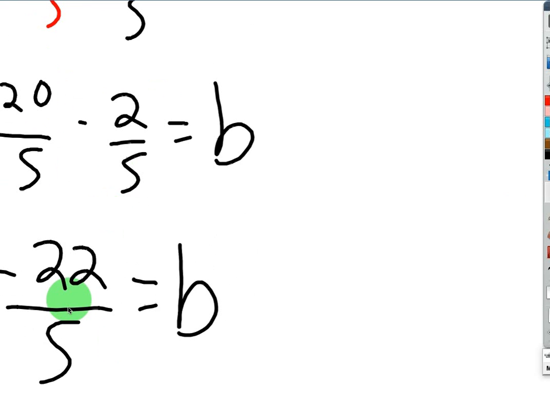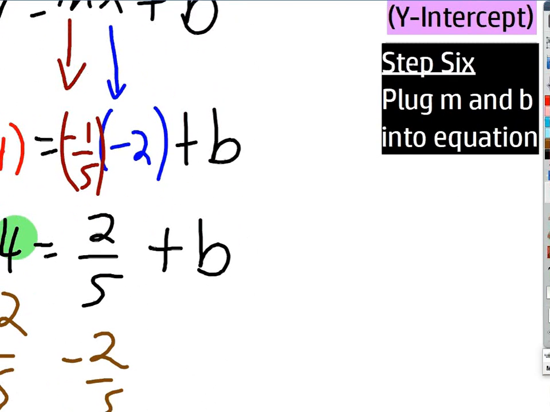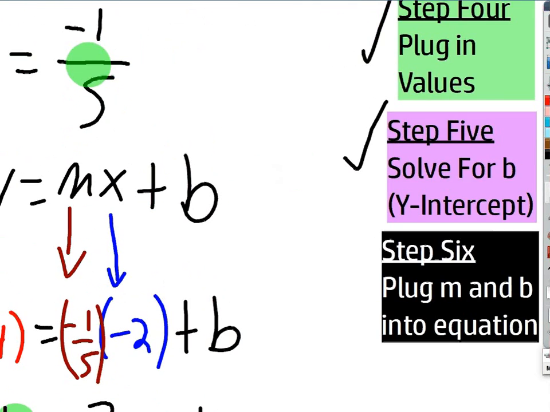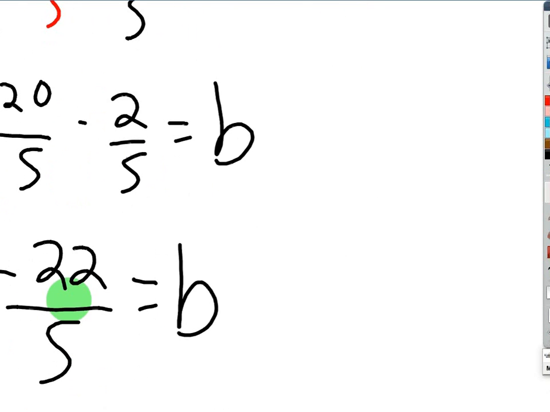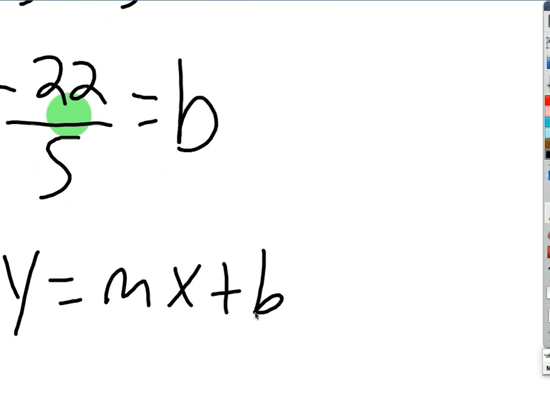So your b ends up being a fraction as well as your slope. We found the slope to be negative 1/5 way up here, and we just found b. So for this particular lesson, you have to find both the slope and b, and then plug it into your slope equation.